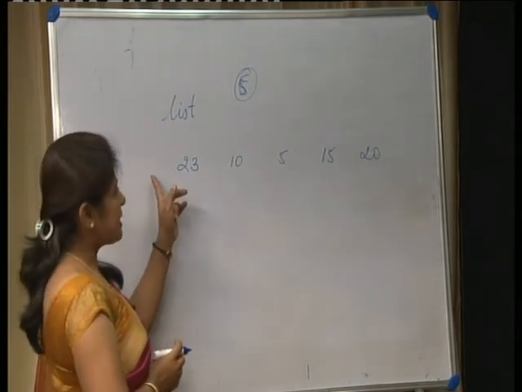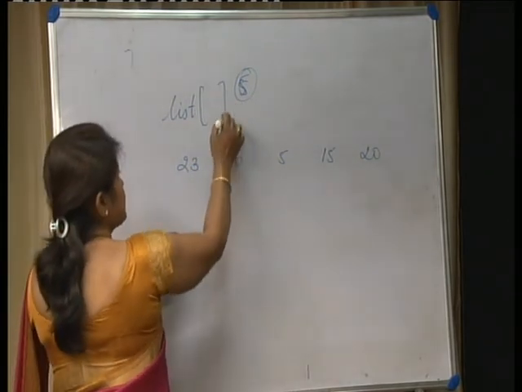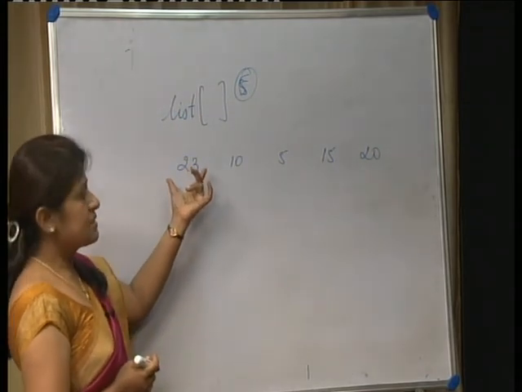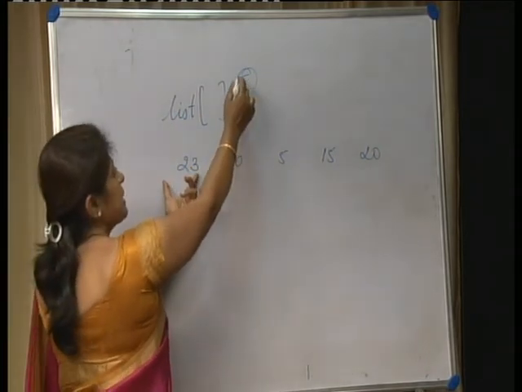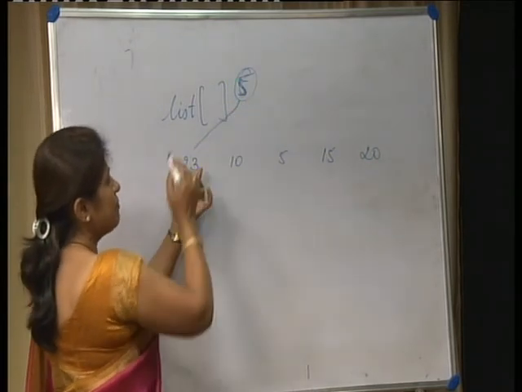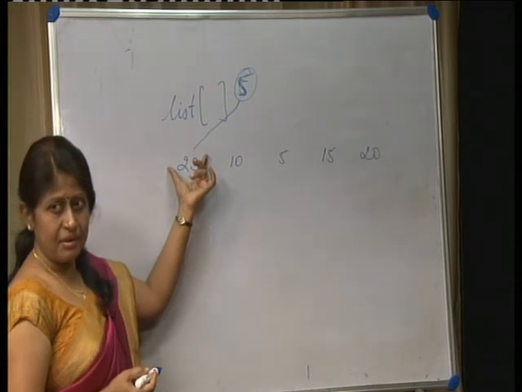So, since it is an array, that is a list of some numbers, I will start comparing; this is my key element now. I start comparing this key element with each of these array elements.